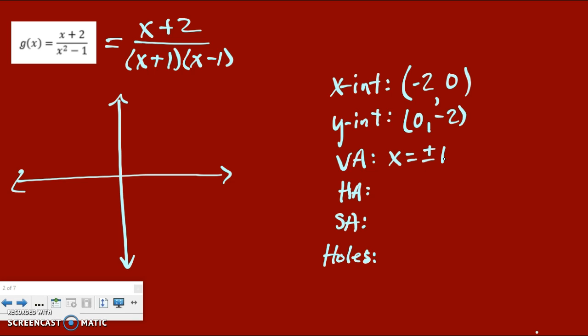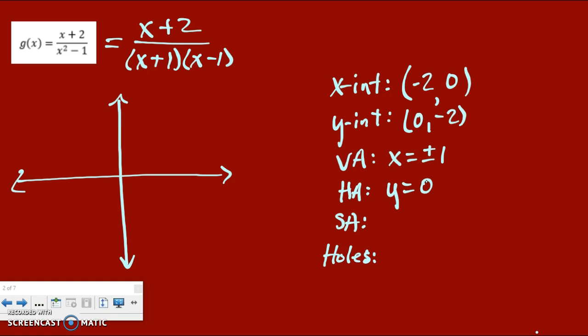Then we have to look at our horizontal asymptote. We go through our 3 rules, checking for where the degree is bigger, and we see that it's in the denominator. If it's in the denominator, it's automatically a horizontal asymptote at y equals 0. We filled up most of the things here. So the nice thing is the last 2.